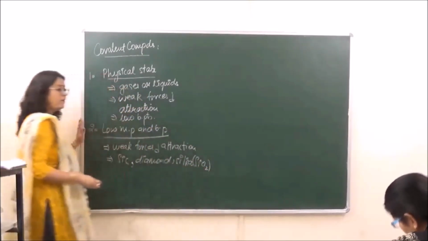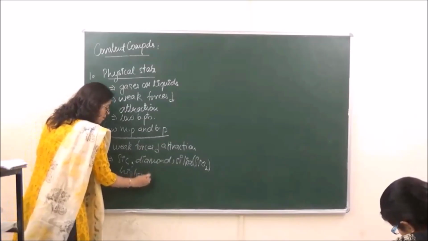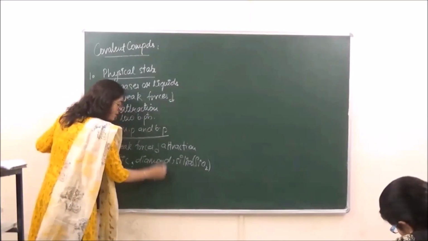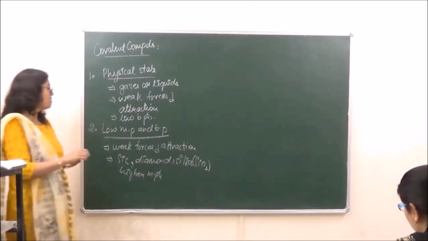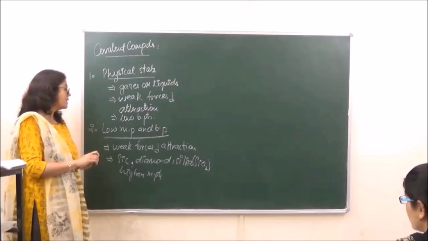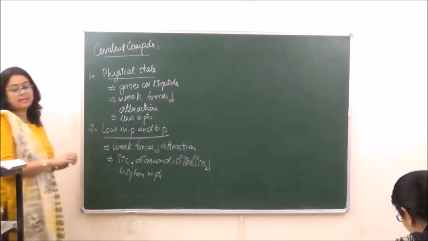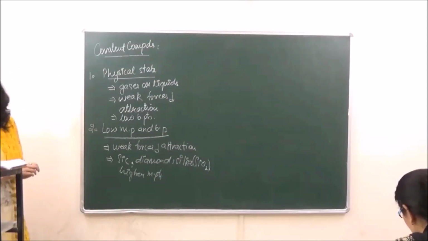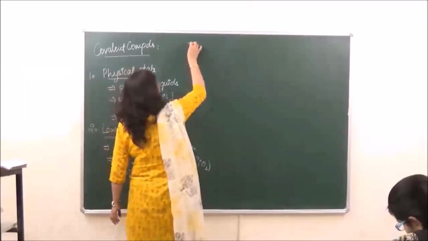These have higher melting points because of their giant molecules, or we can say that these have three-dimensional network structures, as a result of which the forces of attraction become stronger and they have higher melting points. Okay?